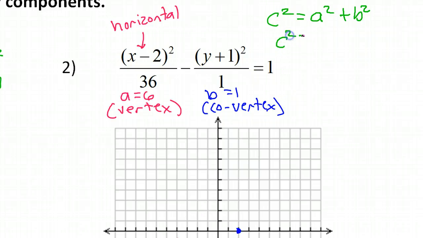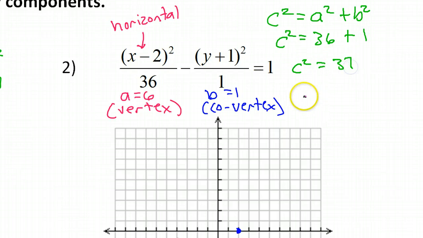So c squared is equal to 36 plus 1. So c squared is equal to 37, which means c is equal to the square root of 37, which is approximately equal to 6.1.